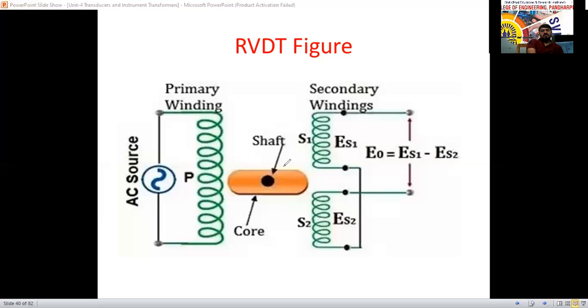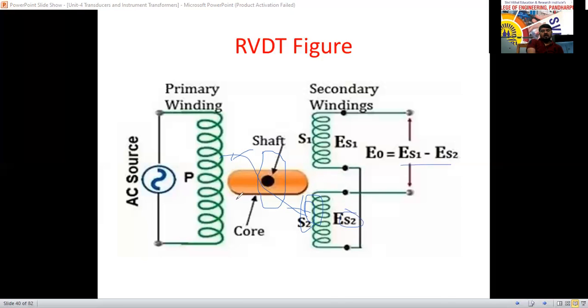We can consider a vertical or horizontal position as the initial condition. If it is anti-clockwise, it moves like this, so there will be more flux linkage from the primary to the secondary. On that condition, ES2 is greater than ES1.